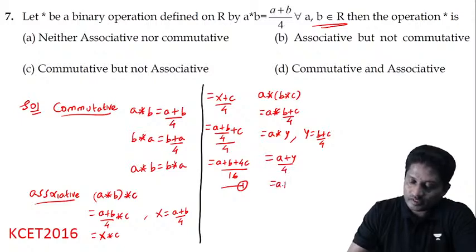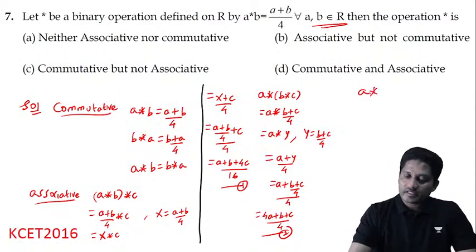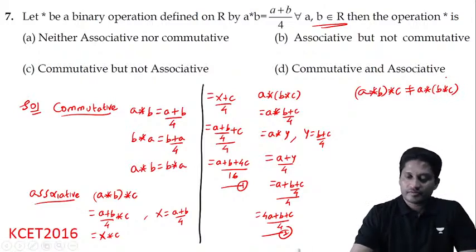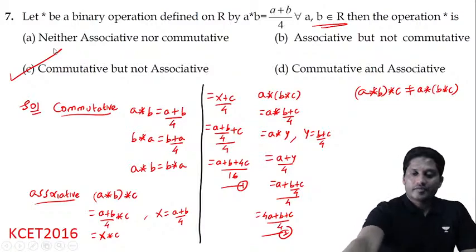So this is A plus (B plus C by 4) by 4, equal to 4A plus B plus C divided by 16. Call it equation 2. Obviously, it's not equal. I should write (A star B) star C not equal to A star (B star C). Commutative but not associative. Right, answer is option C. Let's move to the next question.